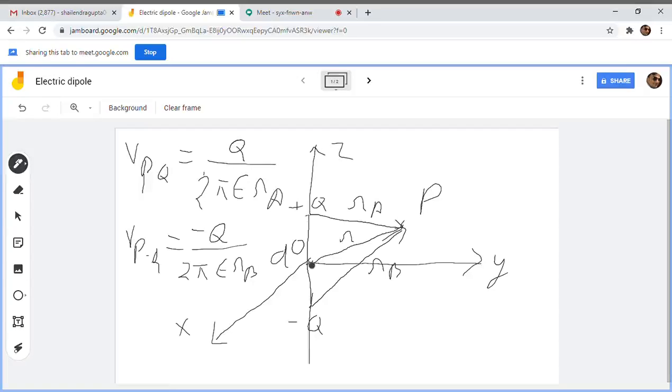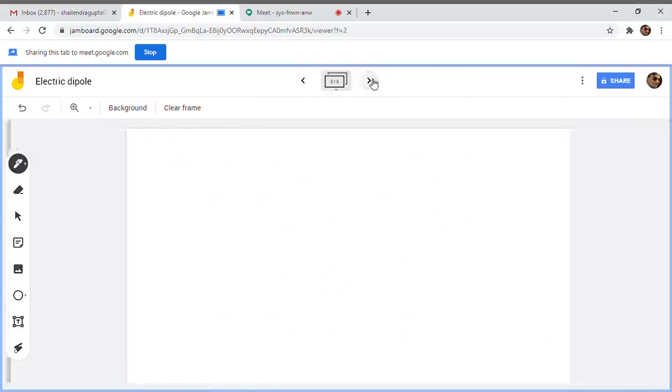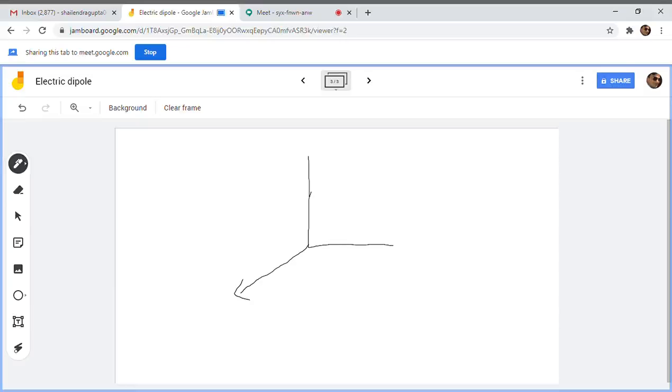So let us use this concept. Now, when this dipole, this plus q and this minus q, and this point in concern, is very far with respect to this q.